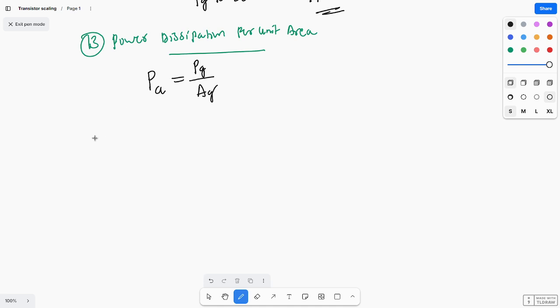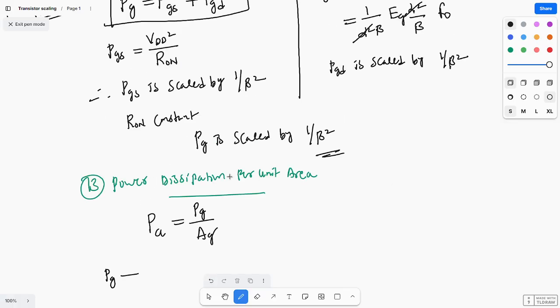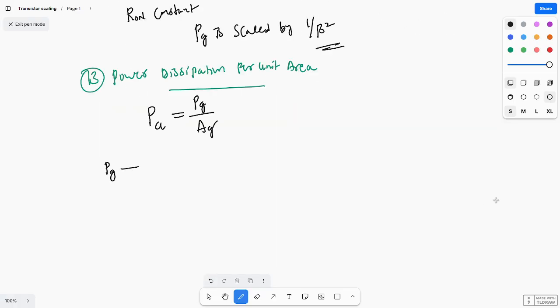PG is scaled by how much? Previously we already seen, PG is scaled by 1 by beta square. And area equal to W into L, so AG is scaled by 1 by alpha square.